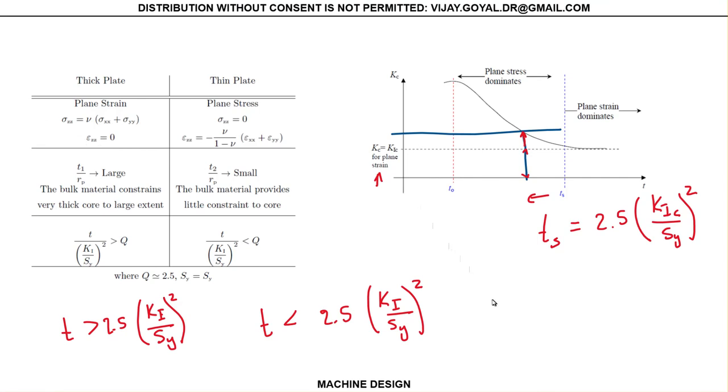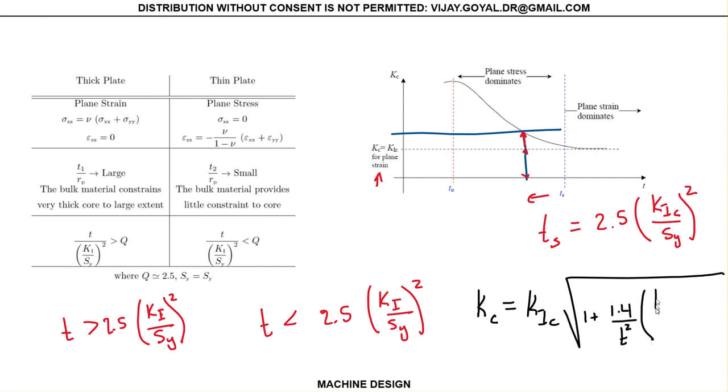Okay, in that case, you're going to use a correction factor, Kc, which is going to equal KIC times the square root of 1 plus 1.4 t squared KIC divided by yield strength squared.